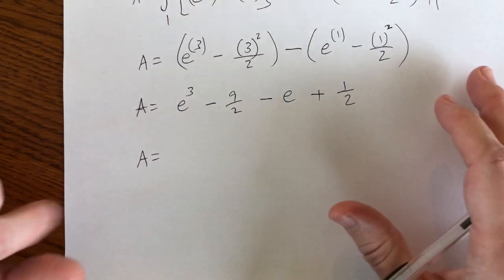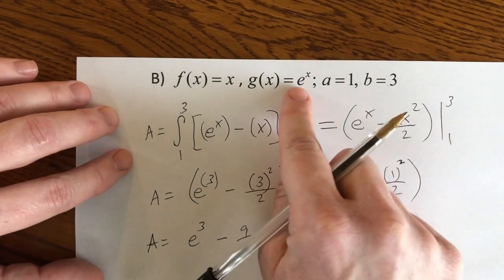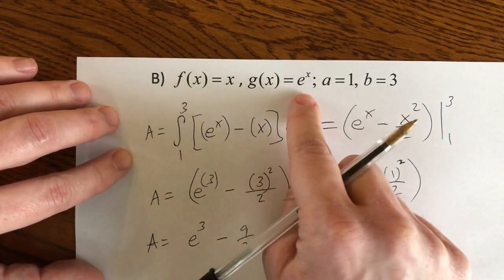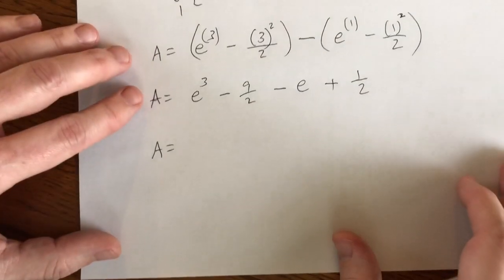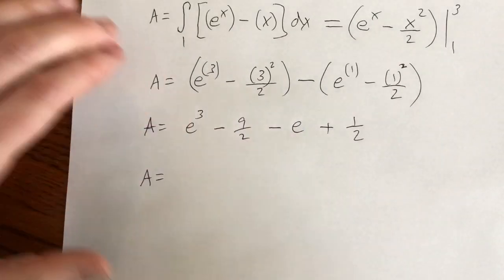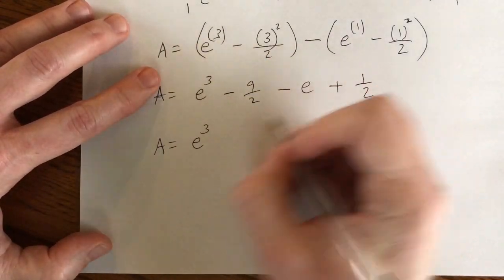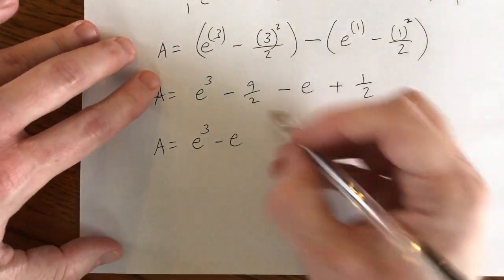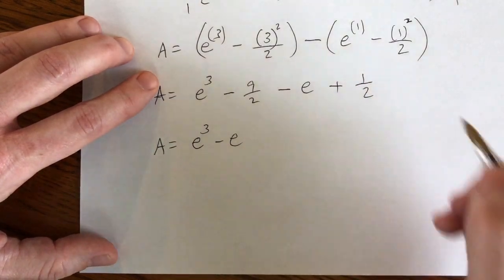Oh, here's what I was going to say. The actual exact area that is being bounded between the graphs of these two functions over the closed interval from 1 to 3 is going to be e cubed minus e, and then whatever this is, negative 9 halves plus 1 half.